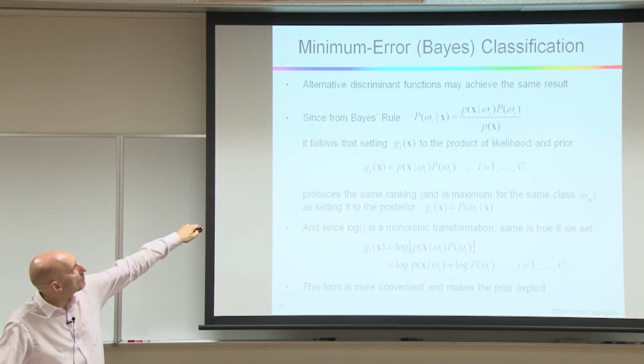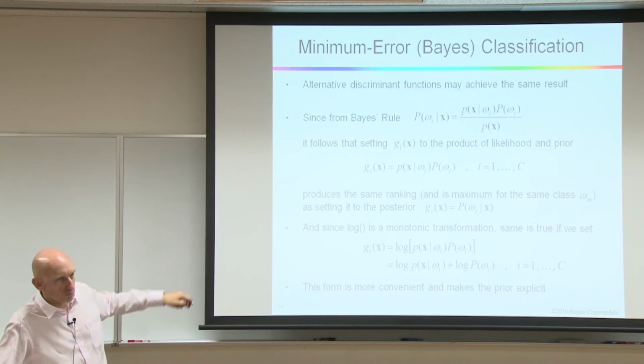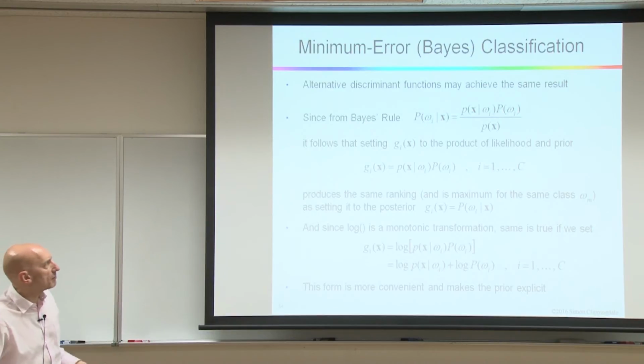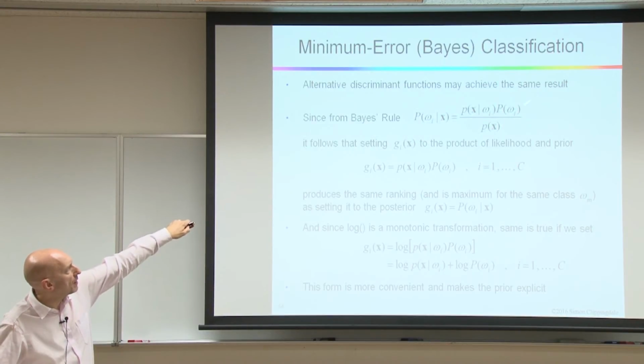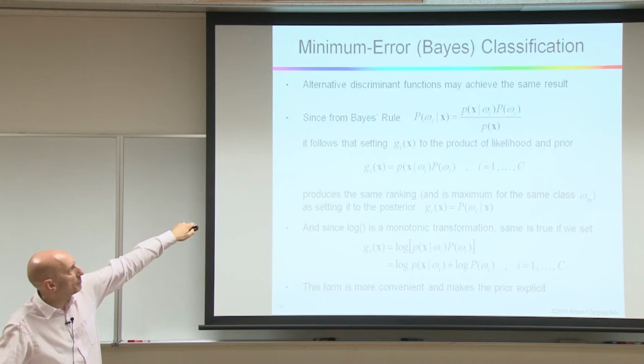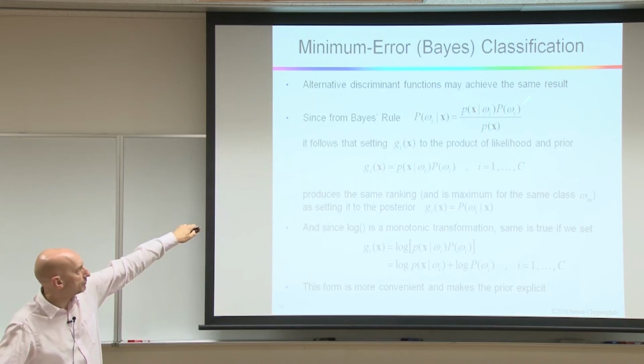This thing up the top here is the so-called likelihood, which is the probability of a particular datum X given that it came from omega i, which is not the same thing, and they're related by the prior probabilities of each class omega i and the prior probability of the data itself.